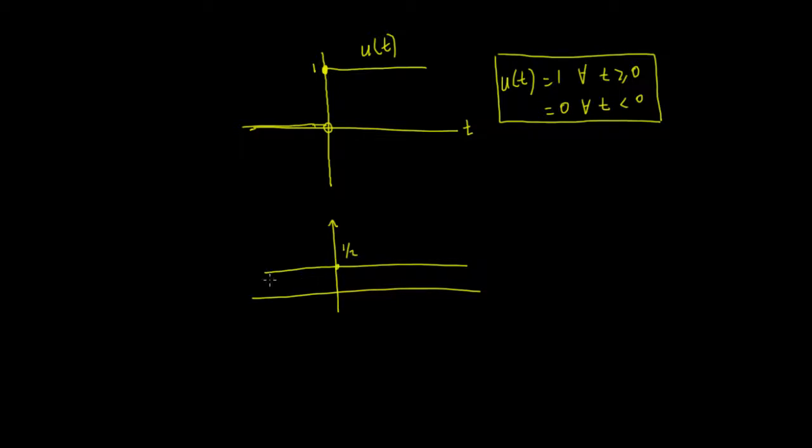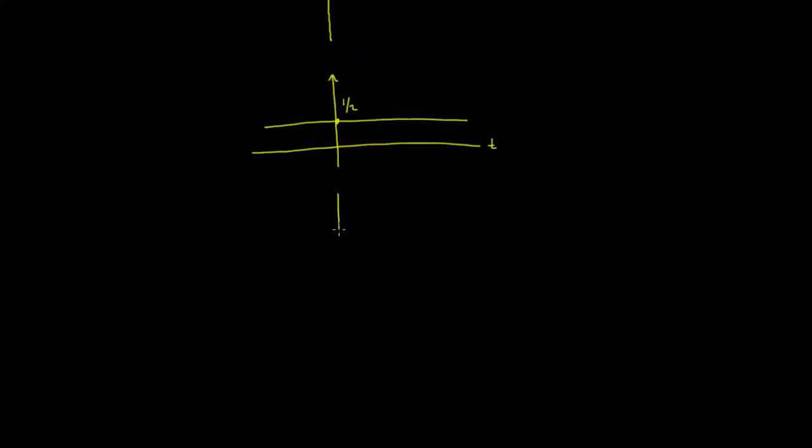So that's one function of t, and we add on to that a function called a signum function, but it's actually half of a signum function. The function looks like this. It's very similar. That height there is a half, and that height there is minus a half.